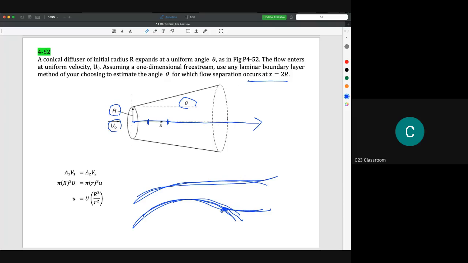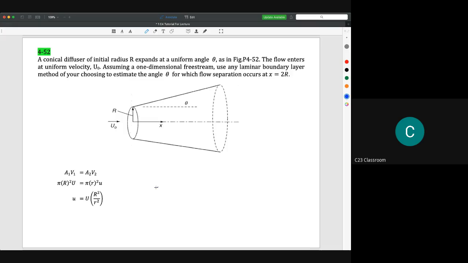Another application for this is when we have a convergent and divergent nozzle. If you have a convergent and divergent nozzle, for example, we have a situation like this one. The flow comes in, and then suddenly the flow detaches from the curved surface here.